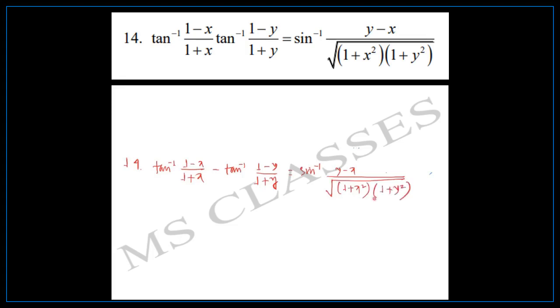So this is what we could do: tan inverse of (1 minus x) by (1 plus x) minus tan inverse of (1 minus y) by (1 plus y) equals sine inverse of (y minus x) by root under of (1 plus x square) into (1 plus y square).